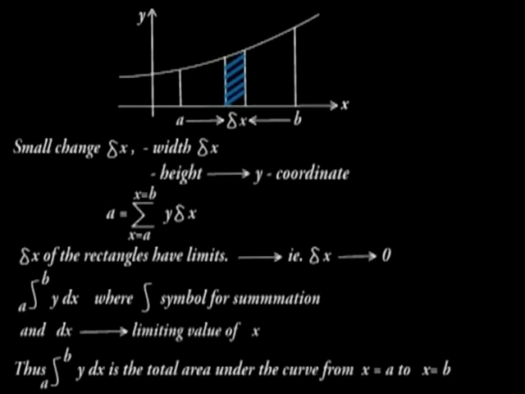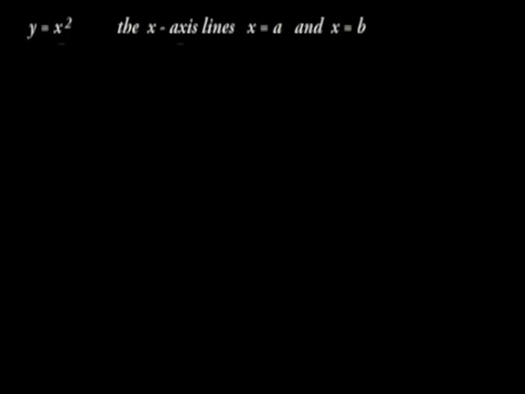Suppose we want to find the area under the curve y is equal to x squared, the x-axis, and the lines x is equal to a and x is equal to b. Area is equal to the integral of y with respect to x, or the integral of x squared with respect to x, which is equal to 1 over 3 x cubed plus c.